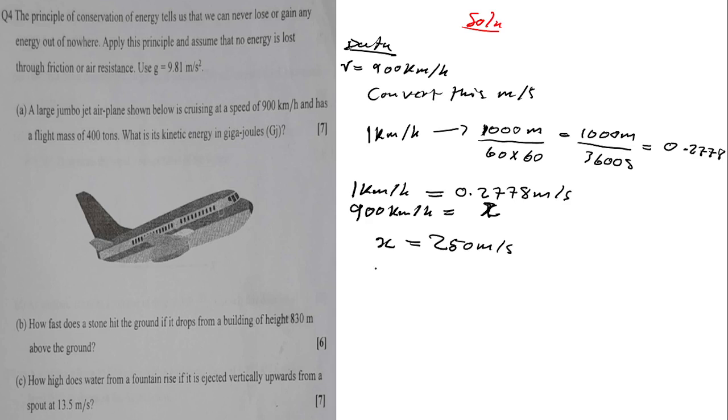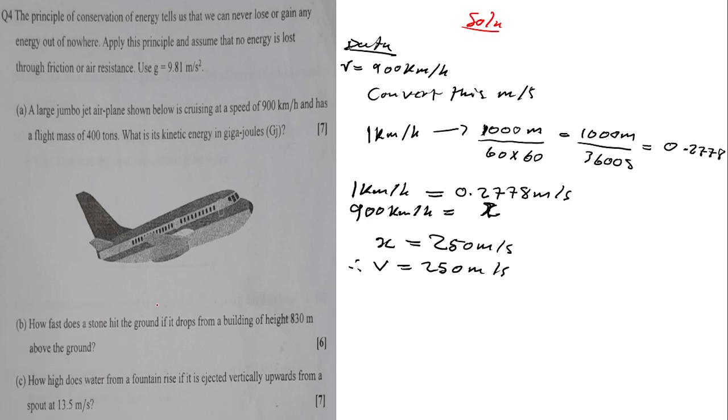This is the speed at which the jet was moving. So our velocity is equal to 250 meters per second. Now we can get our other information.